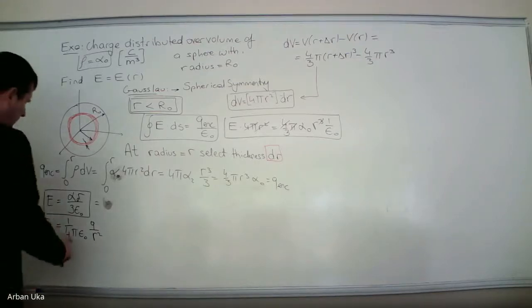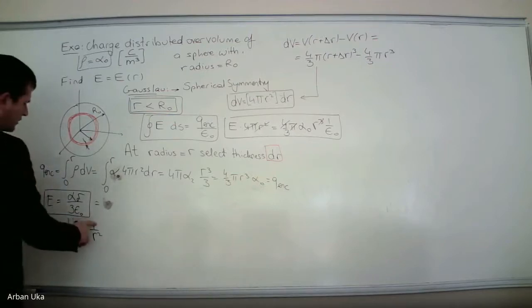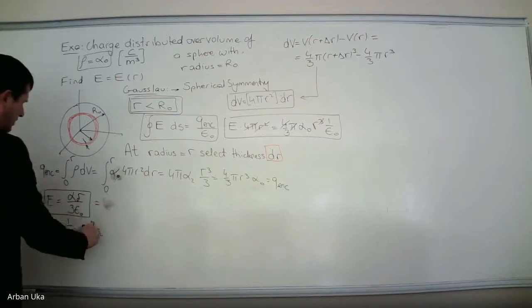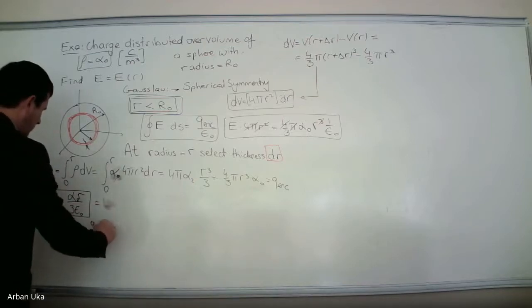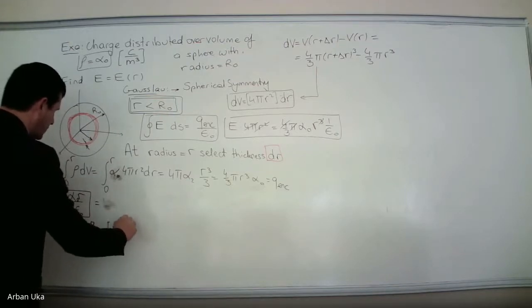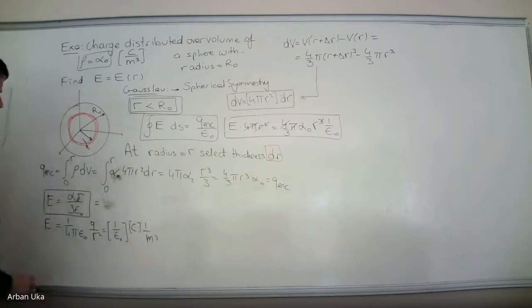So in this case, we have the unit of 1 over epsilon 0, that's correct. This is coulomb, this is per meter squared. So this is equal to the unit of 1 over epsilon 0 times coulomb times 1 over meter squared. This is what we learned in physics 2, which we know already.